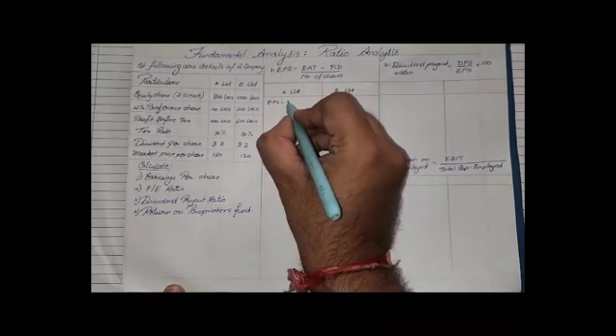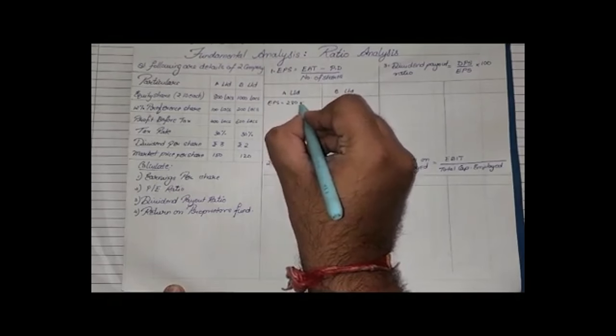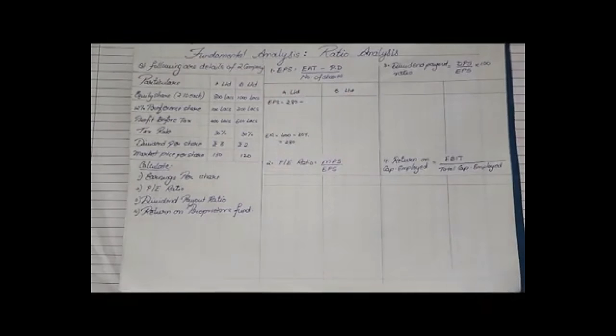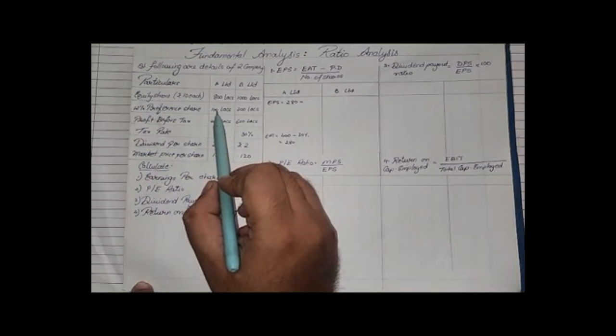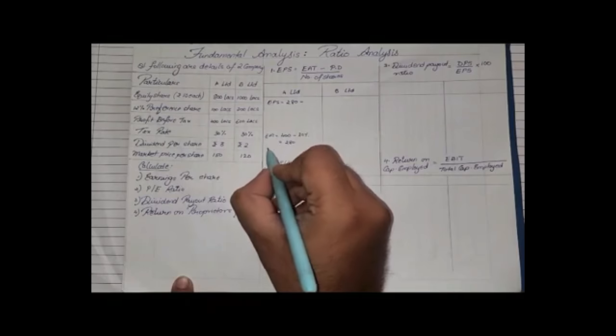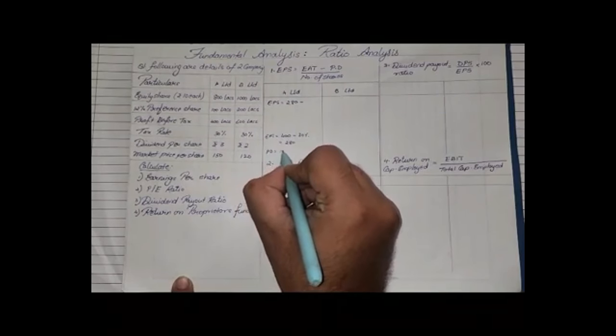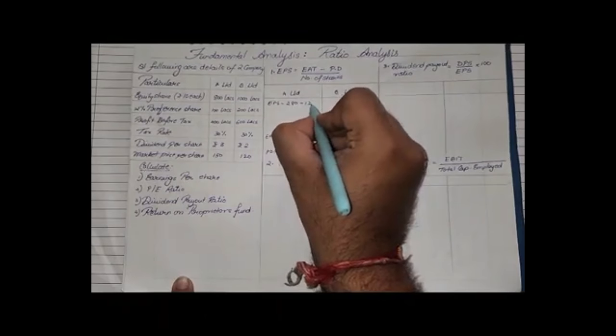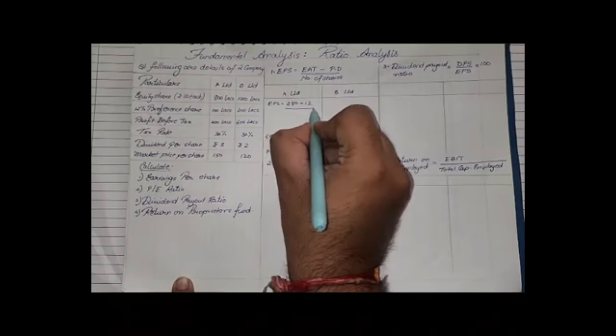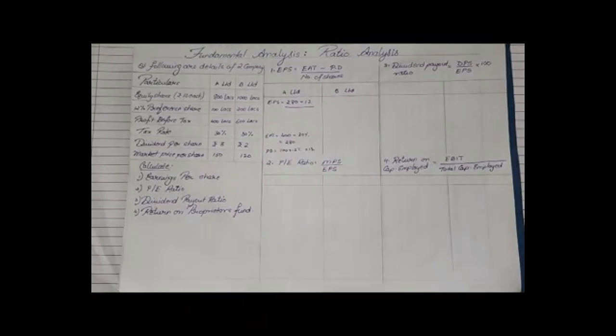So our earning after tax is 280 for A Limited, less preference dividend. Now preference dividend means dividend which is earned on preference shares. I can see 12% preference share written here, meaning this is the rate of dividend. So 12% of the value of preference share, that is 100. So PD is 100 into 12%, which comes to 12. Divided by the number of shares. Now number of shares is nothing but number of equity shares.